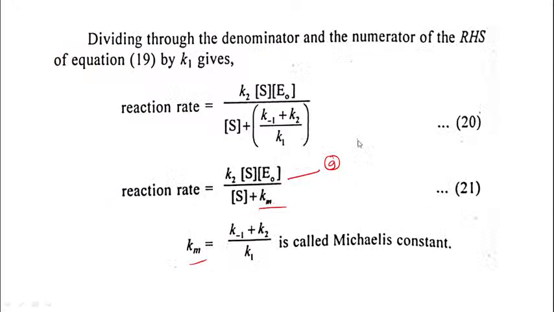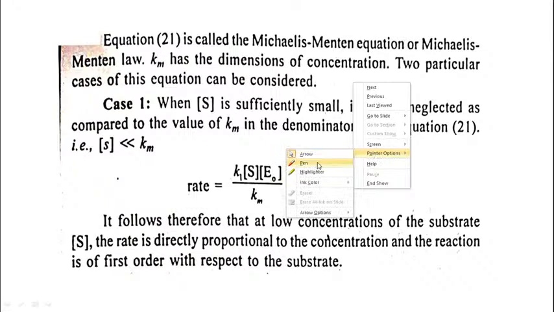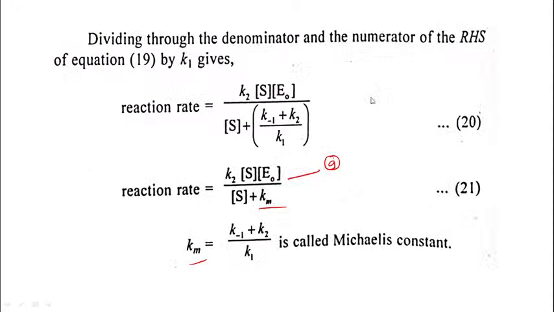See this equation: reaction rate is equal to K2 into concentration of the substrate into concentration of the E0, divided by concentration of the substrate plus Km. This equation we have written here.